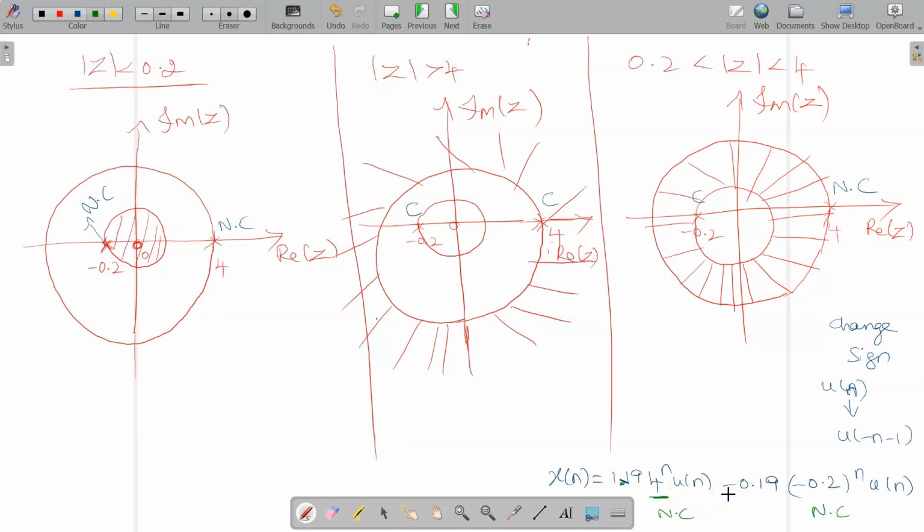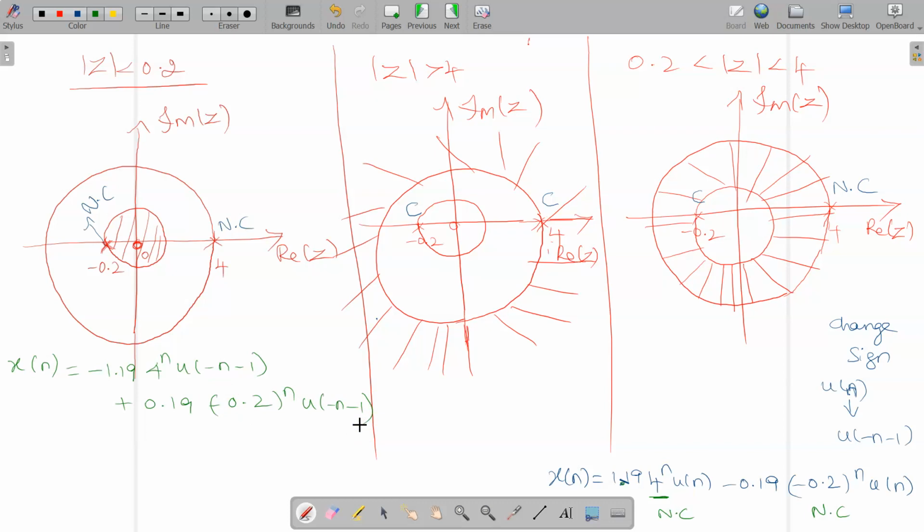So for this case, after drawing the diagram, you have to write your expression. x of n is given by, change the sign, minus 1.19 times 4 power n u of minus n minus 1, again change the sign, plus 0.19 times minus 0.2 the whole power n u of minus n minus 1.